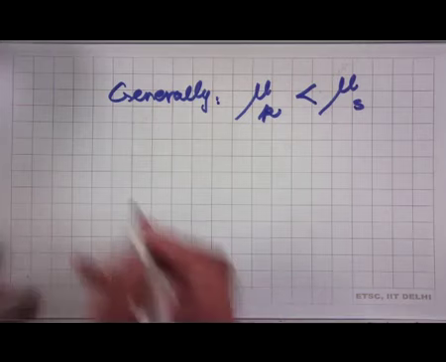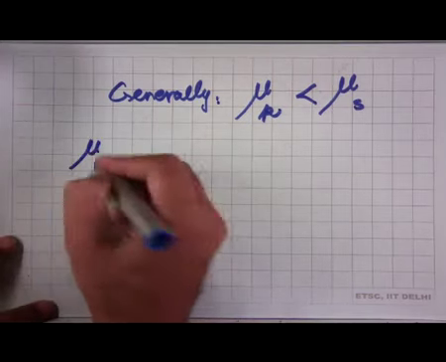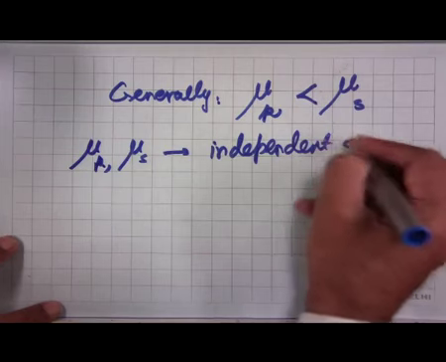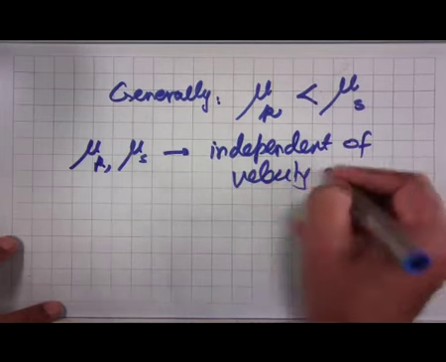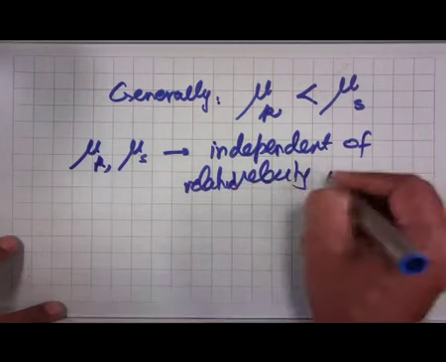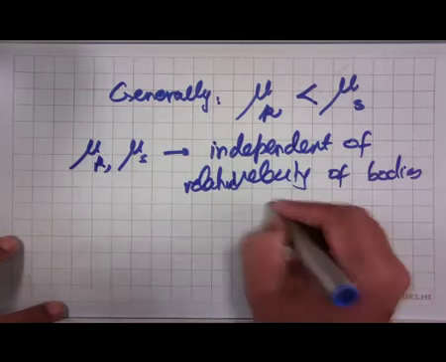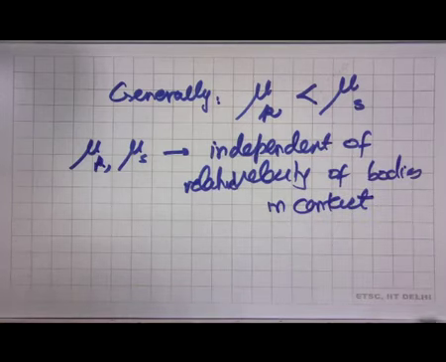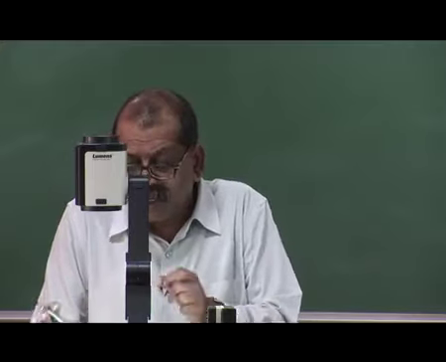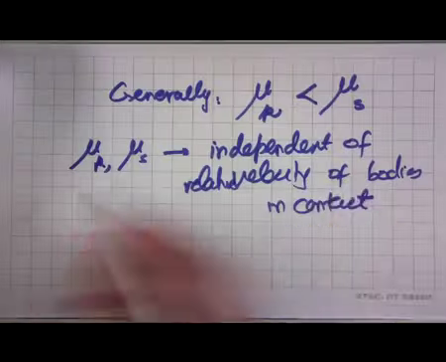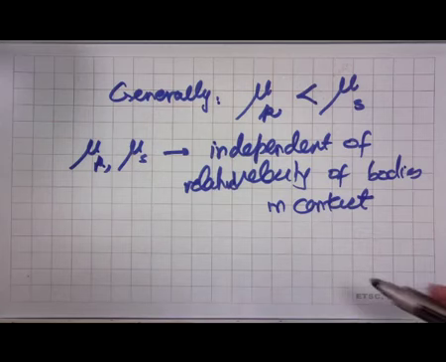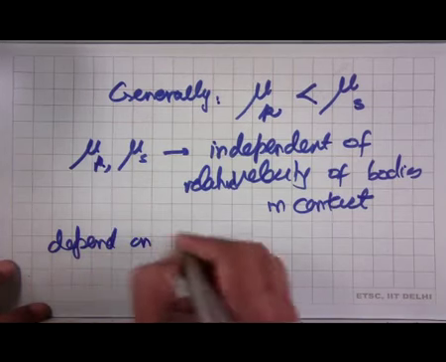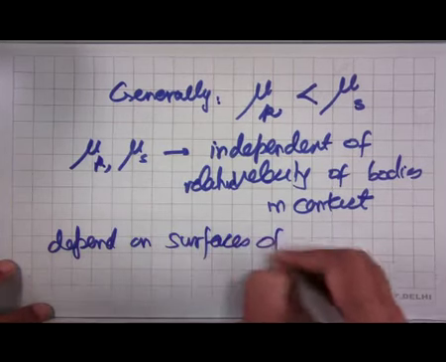Now, what Coulomb also found was that mu k and mu s are independent of the relative velocity of the two bodies in contact, and this is valid if the velocities are small. If the velocities are large, then there could be a function of velocity, but for the cases which we will consider, we will assume mu k and mu s are independent of relative velocities, and they depend on the surfaces of contact.